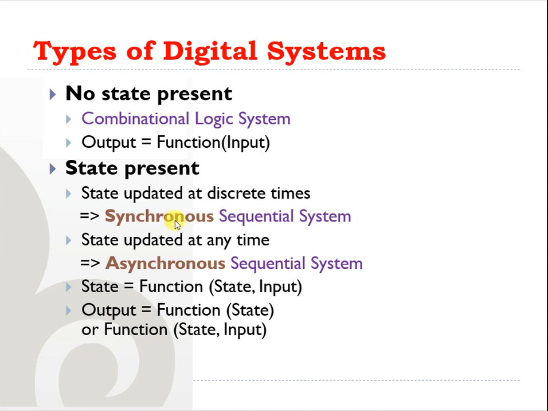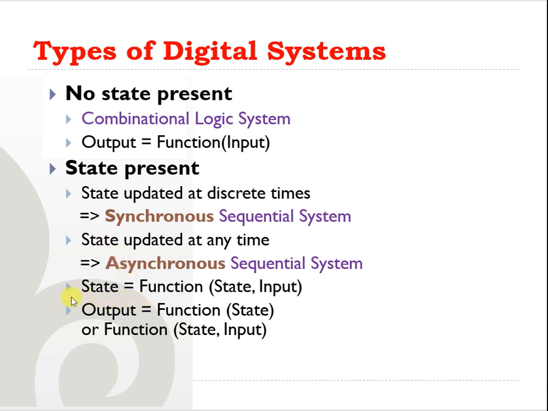And that's what we have for the synchronous sequential system. On the other hand, for the asynchronous sequential systems, the state and the output could be updated at any time. So the state will not wait for specific times in order to be updated. It can be updated at any time instance.